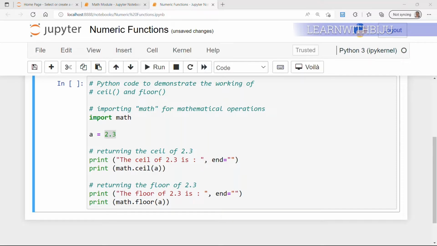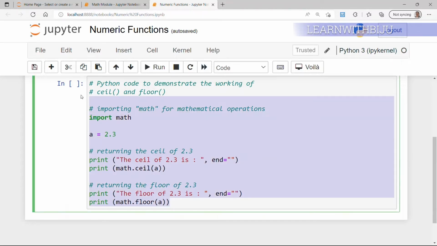And if you are flooring 2.3, what are you getting? The greatest integral value smaller than the number. So the smallest integral value greater than the number is ceil, and the greatest integral value smaller than the number is floor. So let me execute and see the output of ceil and floor.